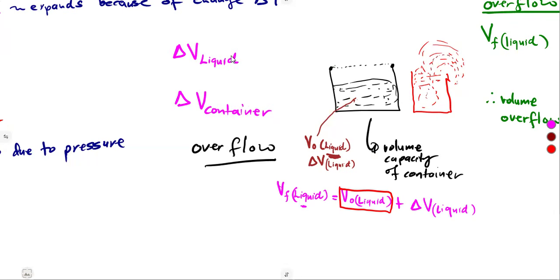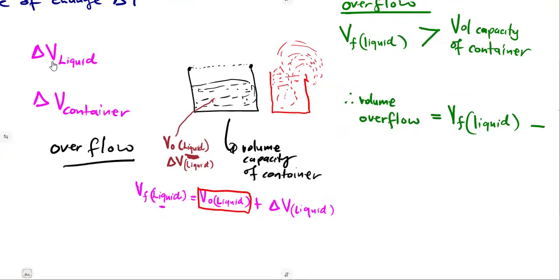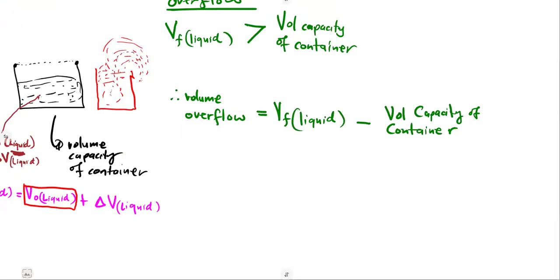Since the liquid is the one that caused an overflow, it follows that the expansion of a liquid minus the volumetric expansion of a container will give us the same thing. So we're going to need also this formula. We can have it from the same, the change, which is the absolute volume expansion of the liquid, minus the expansion of the container.